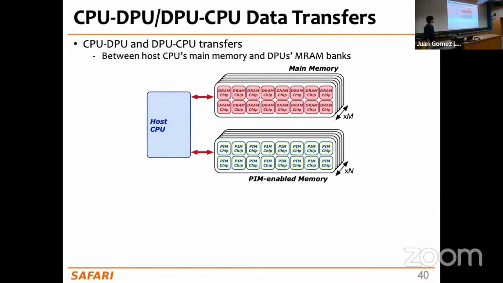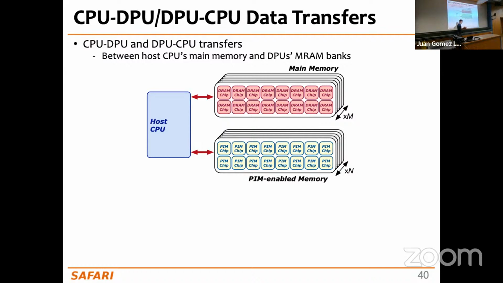Okay, now a tricky part, data movement between the CPU and the DPUs. These are important, first of all, because we have to move the input data from the main memory to the PIM-enabled memory, and then we have to move the results when the kernel terminates from the PIM-enabled memory to the main memory, right? But not only for that, we might also need these data transfers for communication across DPUs.